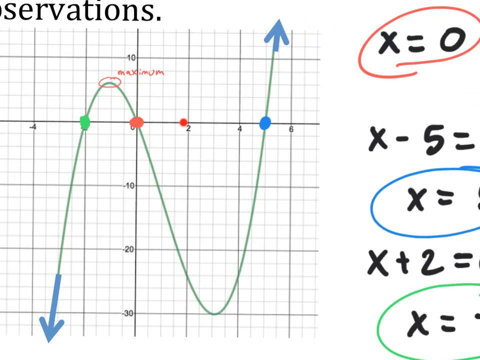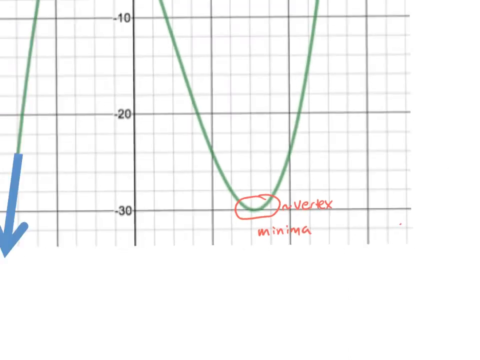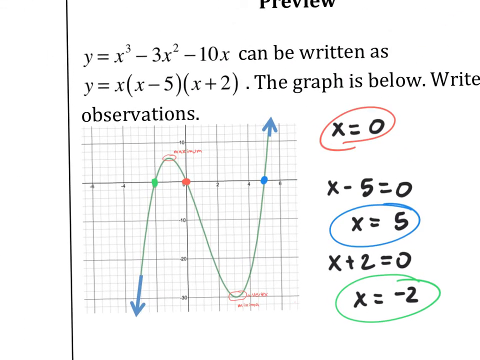If I were to go exactly in between these two numbers right here, it's 2.5, and 2.5 brings me pretty darn close right there to this right here, which is kind of like a vertex, like I said earlier. It's a local vertex. It's actually called a minima, or minimum. So we are going to be considering that in days to come.